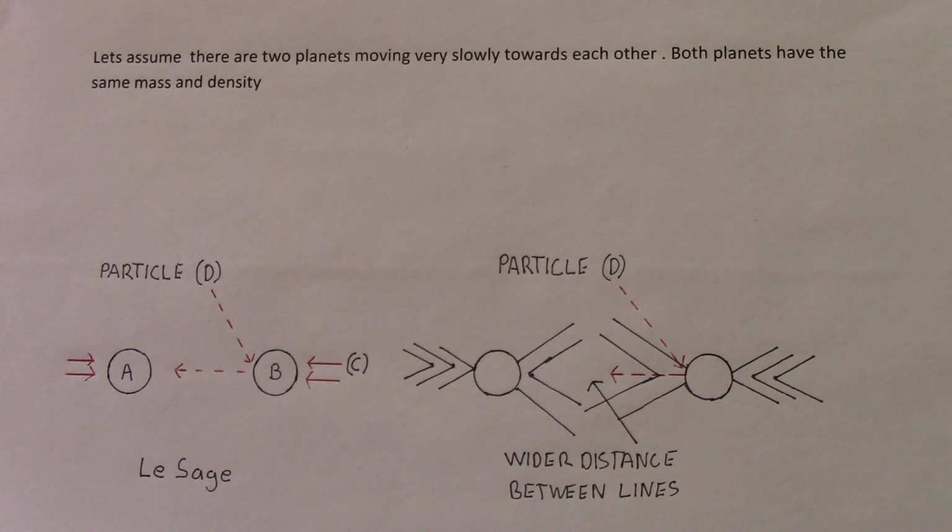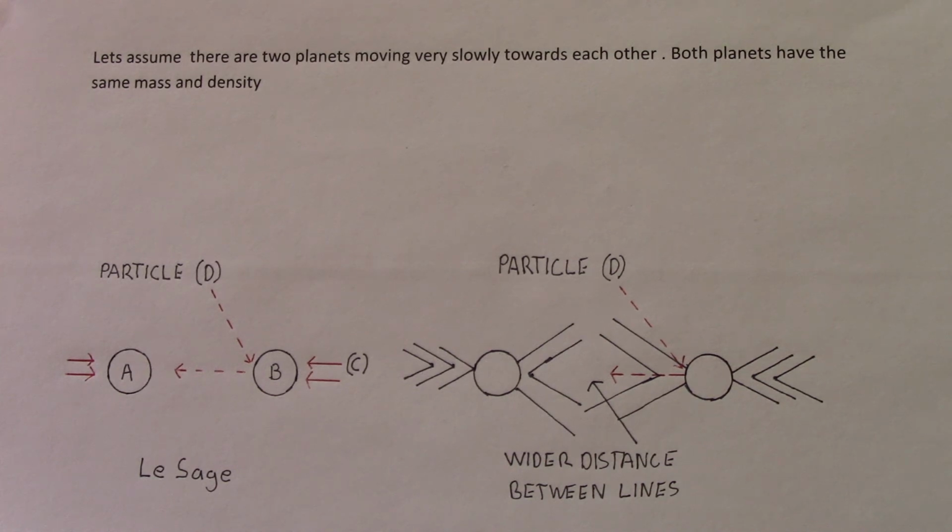Now with my model, particle D would also be reflected. However, this does not compensate for any shielding effect, because in my model it's the opposing fields that create an area between the planets where the lines are wider apart, and therefore a reduction in energy.